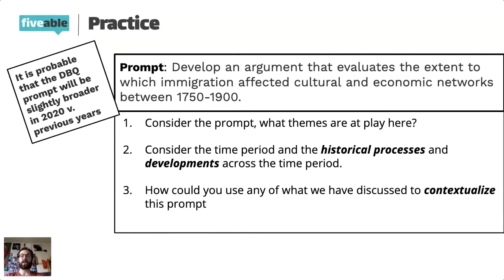As Mr. Beckman's pointing out, we tend to only talk about immigrants who left Europe and came to the U.S., whereas European immigrants went to a lot of different places too.